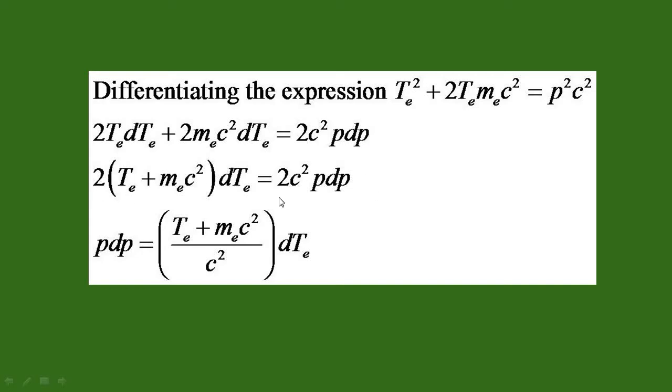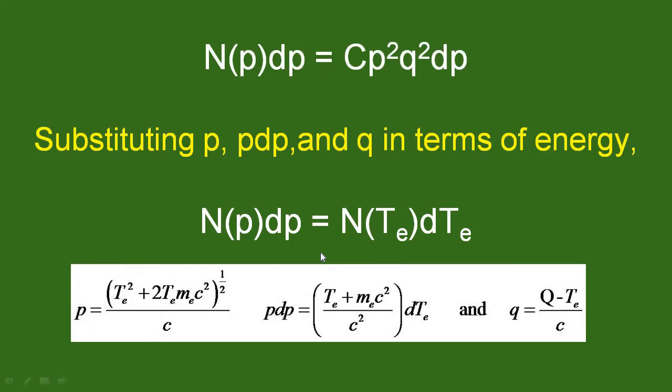So on simplifying this, you can have an expression for p dp as (Te plus me c square) by c square into dTe. So we have the expression n(p) dp is equal to C p square (Q minus Te) square dp.